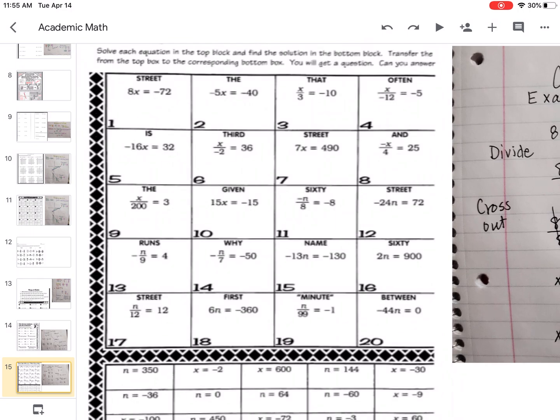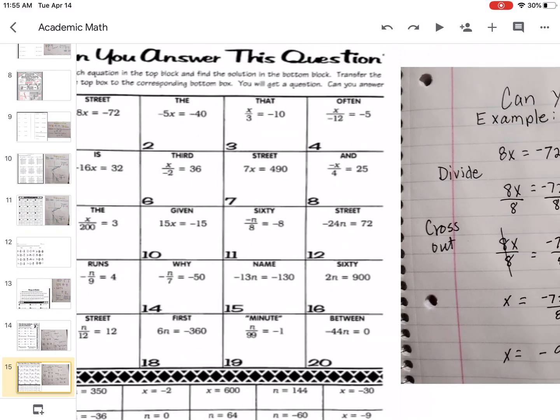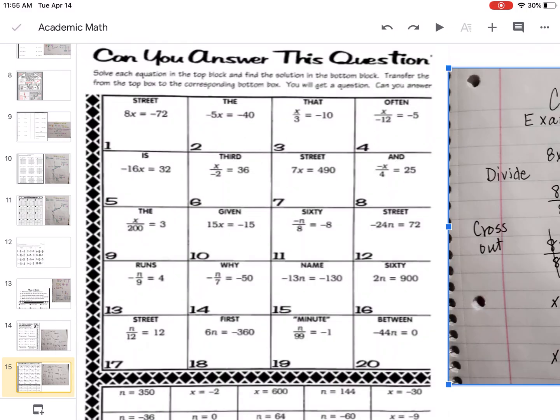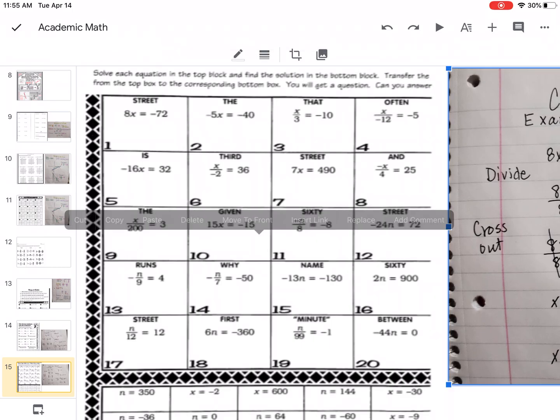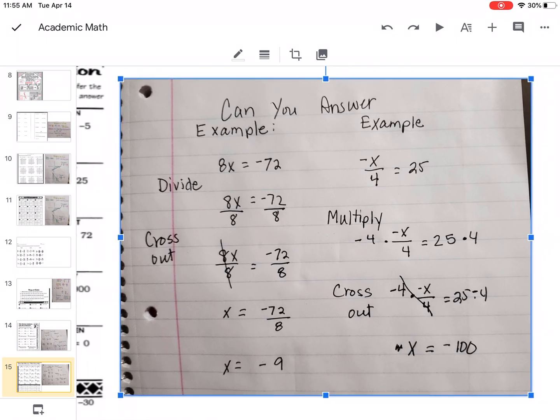Okay, so this is some more review. It's the same thing. Let's look at some examples. We have 8x equals negative 72. I want to get rid of that 8. It's 8 times x, so I divide both sides by 8.